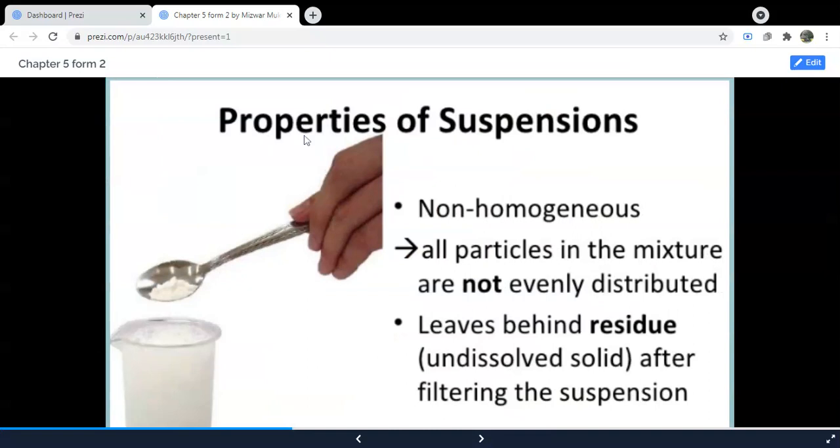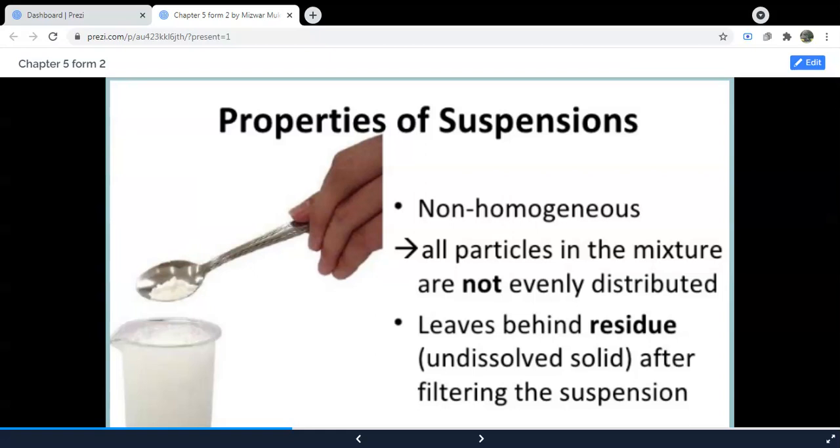Okay, these are the properties of suspension. So there are 3 properties that you must remember. Non-homogeneous. All particles in the mixture are not evenly distributed. Tak sama dengan solution. Kalau solution, the particle of the solute are evenly distributed.